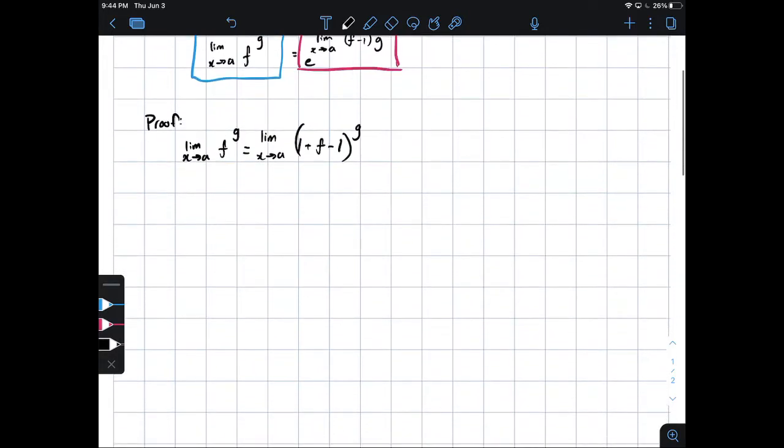So that's good. Now, let me do a little note on the side. We know that the limit as x approaches, why am I blanking on that?